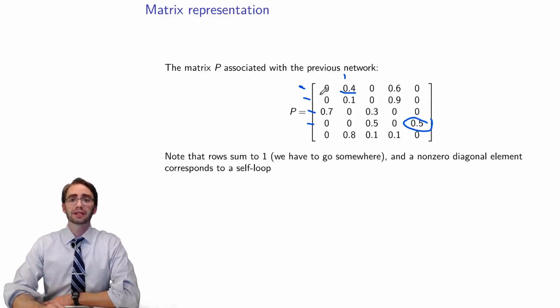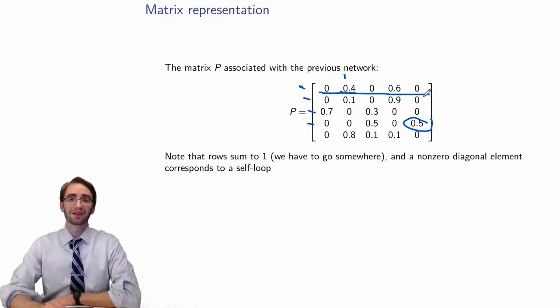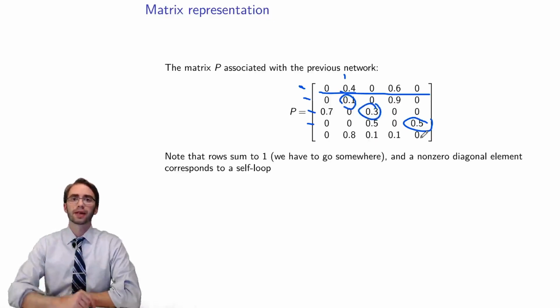And so you'll notice that the rows in each entry here of this matrix have to sum to 1 because you have to go somewhere. Right, the probabilities are all of the places where you could land if you're at a particular node. So they have to sum to 1. A non-zero diagonal element corresponds to just going back to yourself.